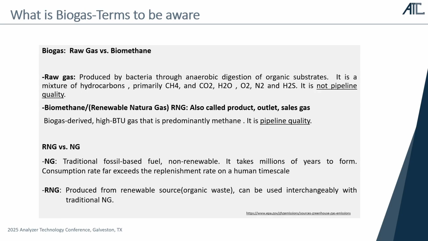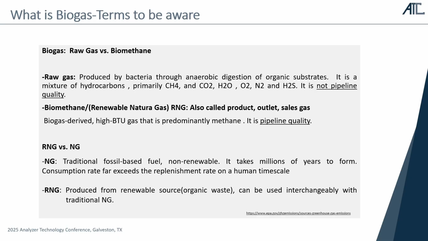Then there's another set of concepts, natural gas and RNG. What are the differences? They have almost identical composition, mostly methane, right, and some impurities. But traditional natural gas, we all know, is a fossil-based fuel. The RNG is produced from renewable organic waste.